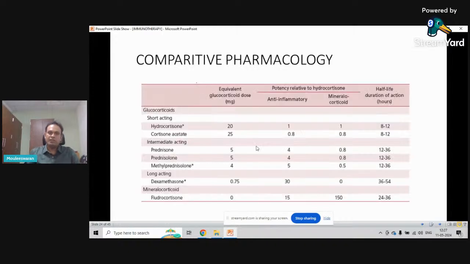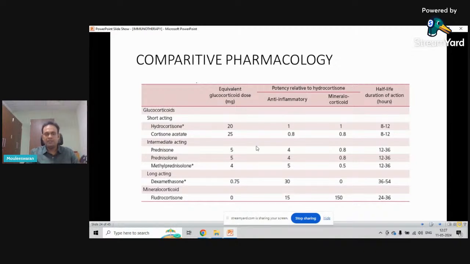So this is the comparative pharmacology where we have short, intermediate and long acting drugs and the equivalent glucocorticoid dose ranging from 20 milligrams of hydrocortisone, which is equivalent to 25 milligrams of cortisone, and the other group of drugs whose equivalent doses are described here.